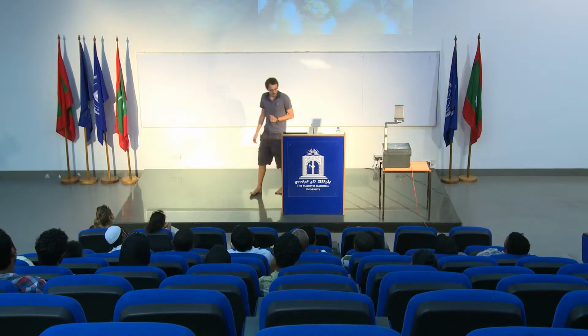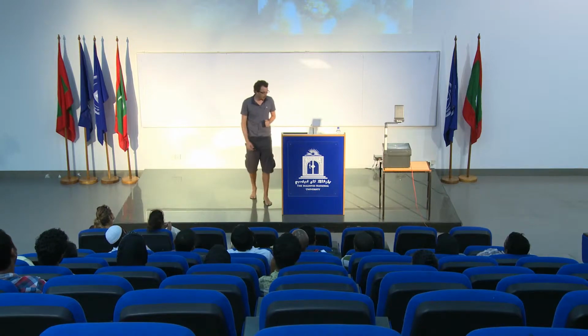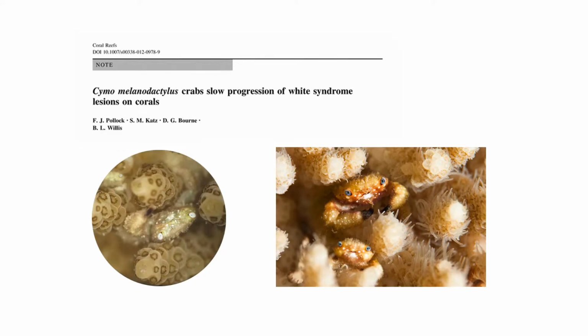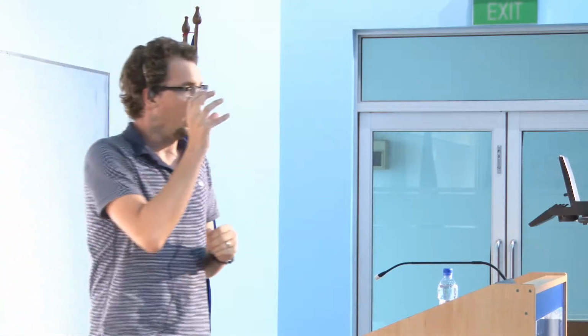Add that on top, corals also get crabs, which is a bit problematic. However, what this study did, this was by some friends in Australia, is they looked at how you could change the abundance of these coral-dwelling crabs when a diseased coral was progressing.